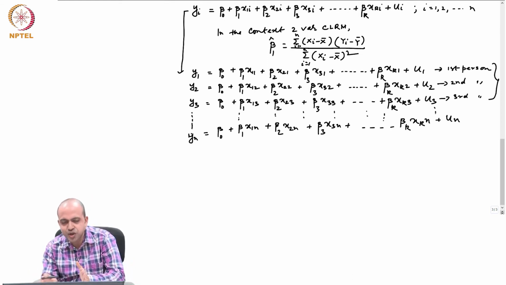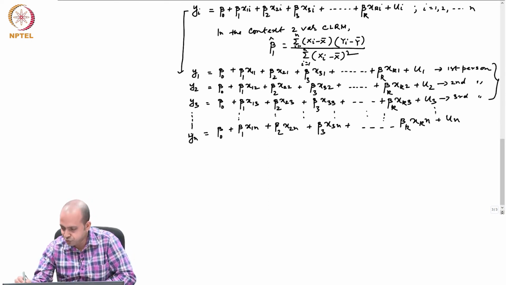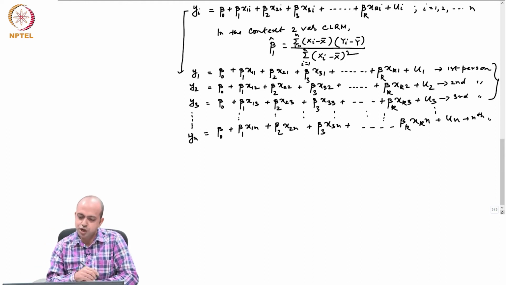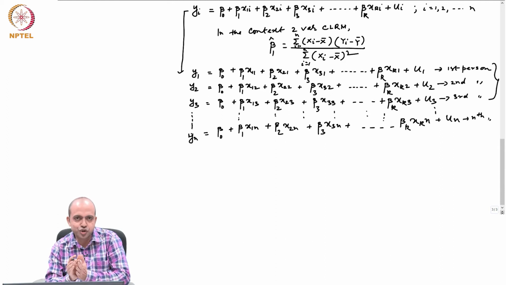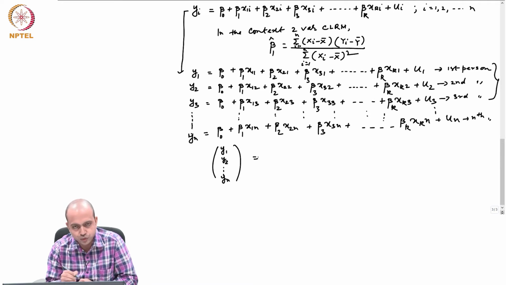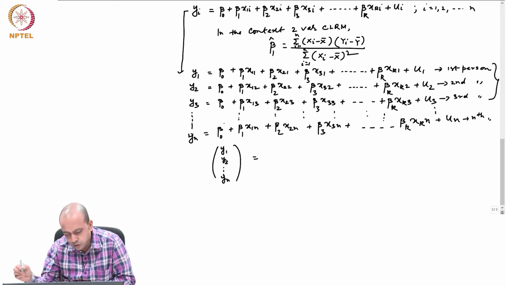Now, this is a system of equations, the last one being for the nth person. If we write this system of equations in a more compact way, we can write y1, y2, dot dot dot yn equals: we take the intercept beta 0 outside, so the column becomes 1, 1, 1, 1.